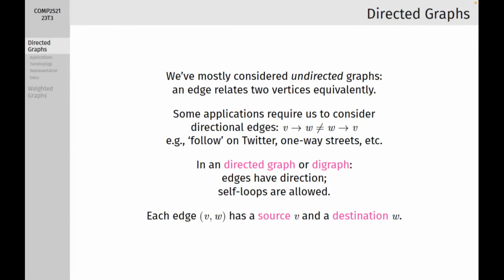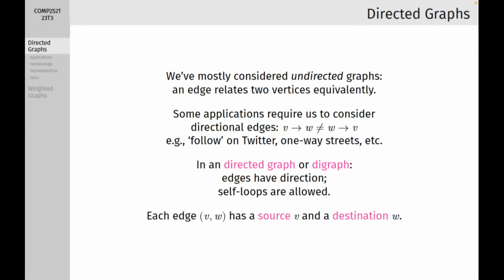All right, so formally, what is a directed graph? A directed graph is a graph that has directional edges. That means if there's an edge from V to W, that doesn't necessarily mean there is an edge from W to V. A couple of examples of this would be follows on Twitter.